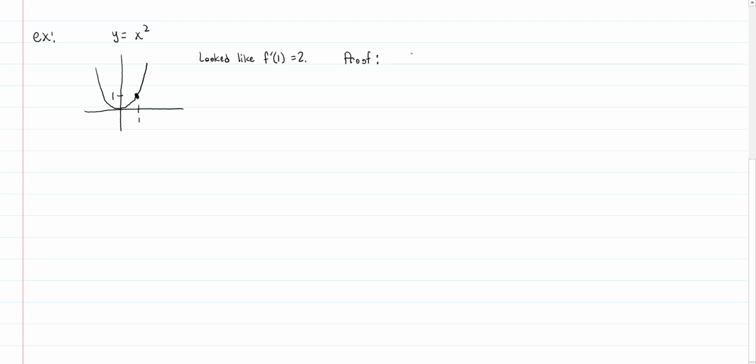All right, so I want to compute what's the slope of this parabola when x is equal to 1. So using the formula, let's do the limit as x approaches 1 of f of x minus f of 1 over x minus 1.